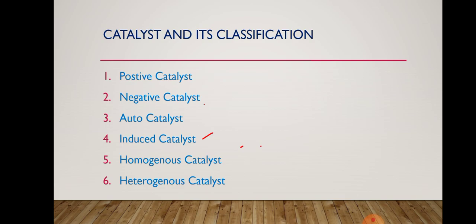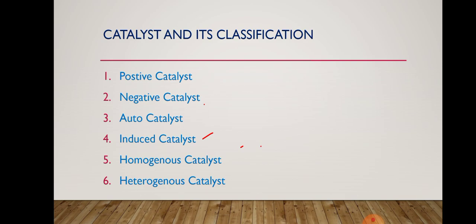A catalyst is a chemical substance which accelerates or retards the rate of a chemical reaction and is never consumed in the course of a reaction, and which provides an alternative way of reducing the activation energy. Actually, a catalyst reduces the activation energy between the reactants and the products, remaining unchanged in properties or mass at the end of the reaction.